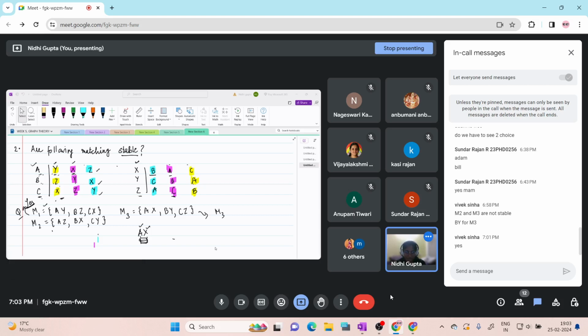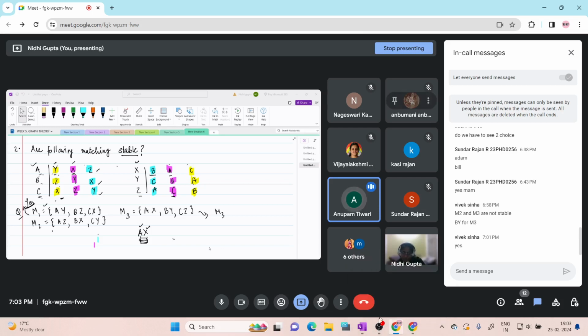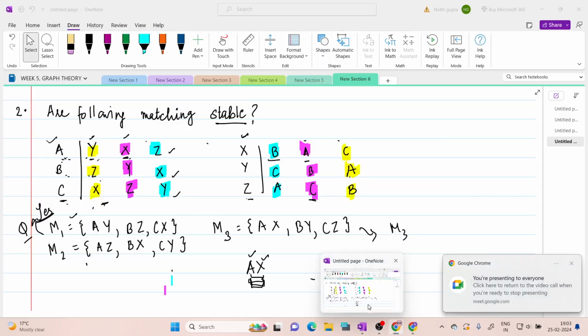Ma'am, but we have to see from one side. The Gale-Shapley algorithm needs a reference, either the men's side or the women's side.